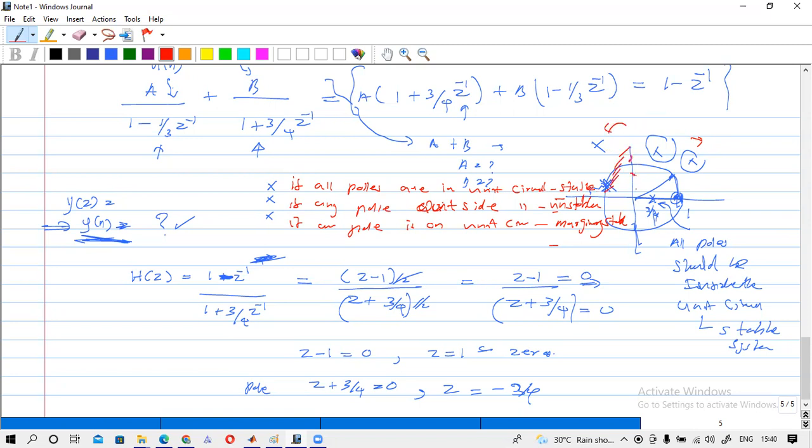And if it is on the imaginary axis, it is marginally stable for the S domain, for the Laplace transform. But for the Z domain, it is like this. Did you get this? I hope you get it.